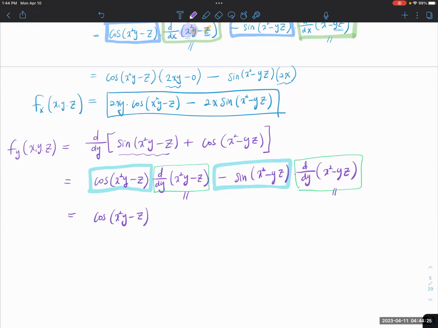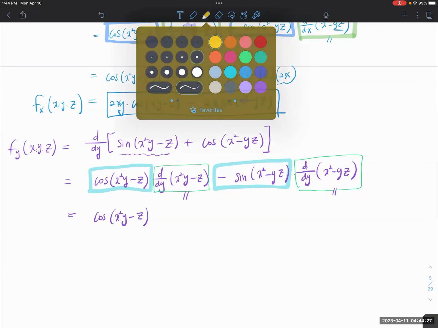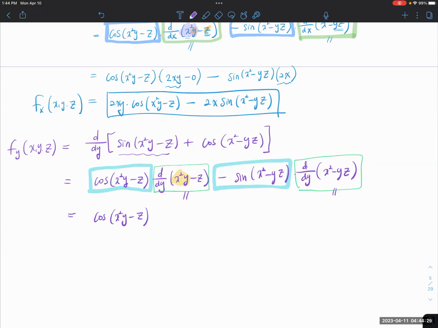But x sec y, this is something you have to think about. x sec is a constant, so it's not going to disappear. It's still there. So now only x sec remaining, because y, when you take the derivative, is going to be 1. Minus sine x sec y minus yz.